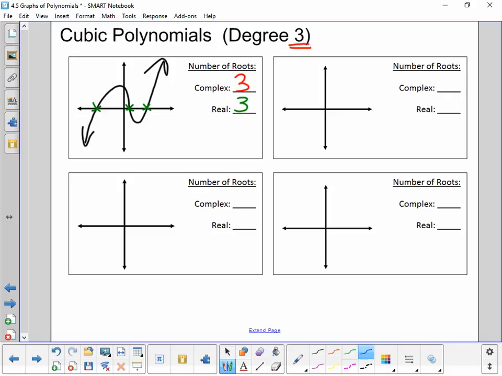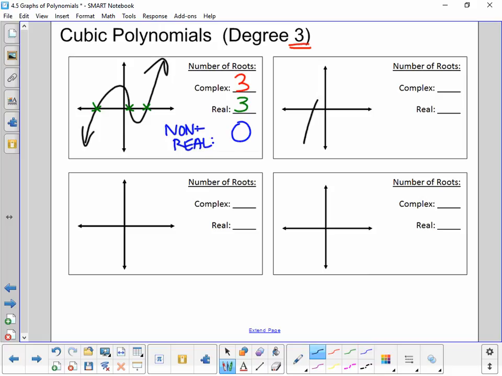What that means is that for this particular cubic function, it has no non-real roots, because the total number of roots it has is 3, and I can see on the graph that all 3 of them are real roots.